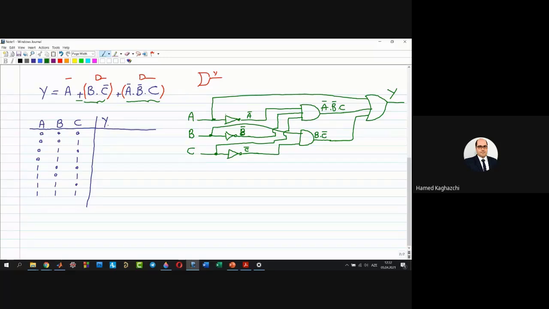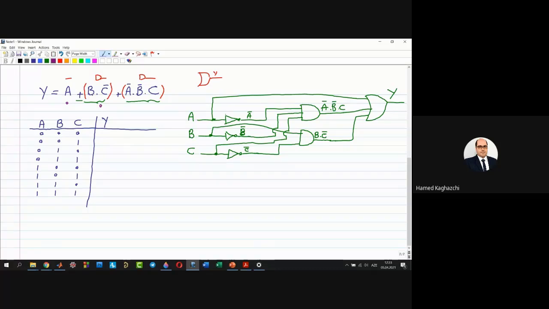Now let's calculate the Y. Let's calculate the output of this equation and also this circuit. If all of my inputs are 0, what about this one? Also 0. Why?